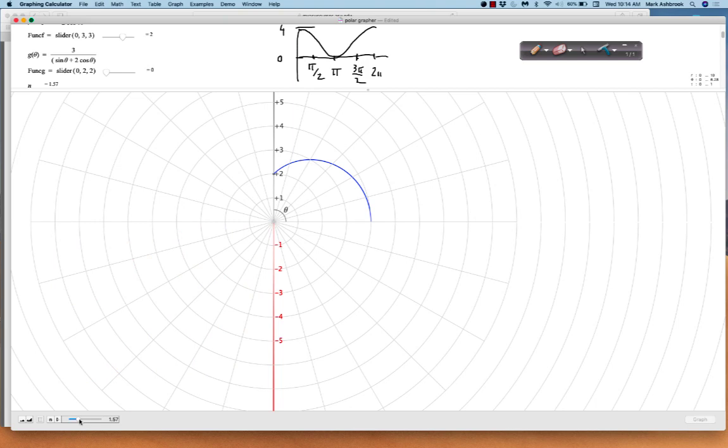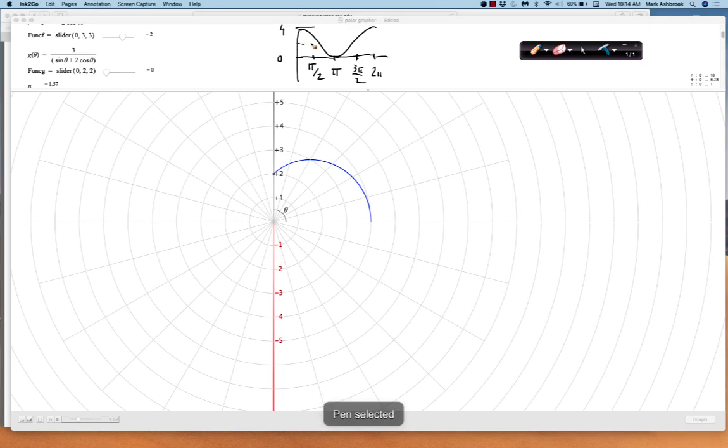That is the midline. At pi over 2, it's going to hit the midline. Of course. Should have drawn that. Yeah, so it actually hits, I didn't draw it well. Ignore that part right there. Okay. So as you go from 0 to pi over 2, it goes from 4 down to 2.